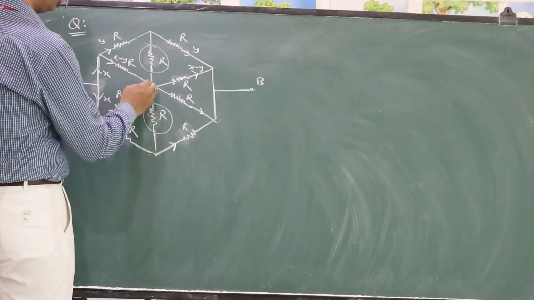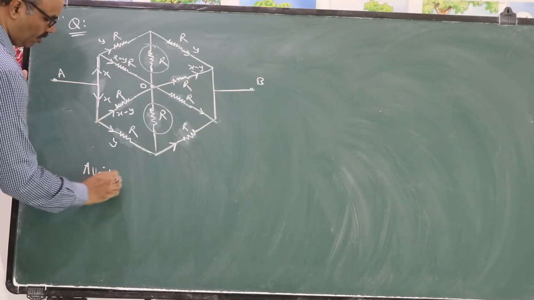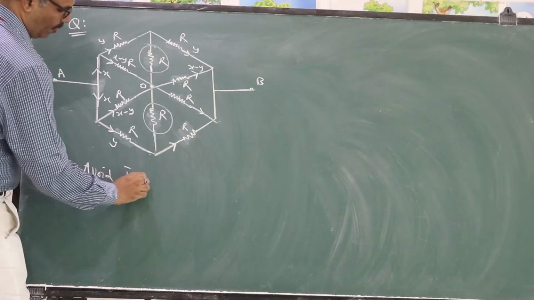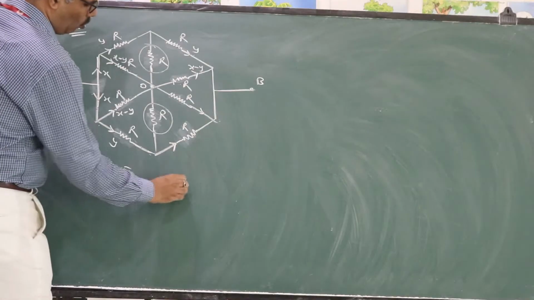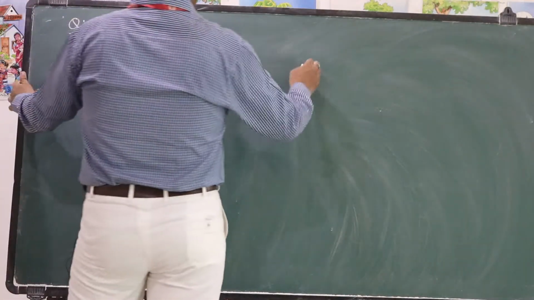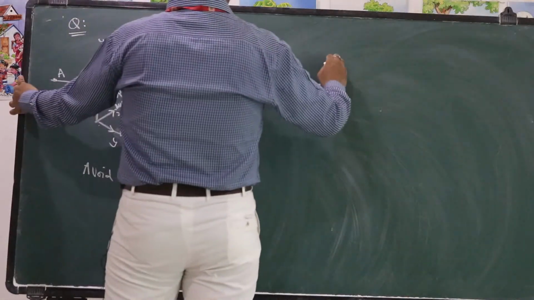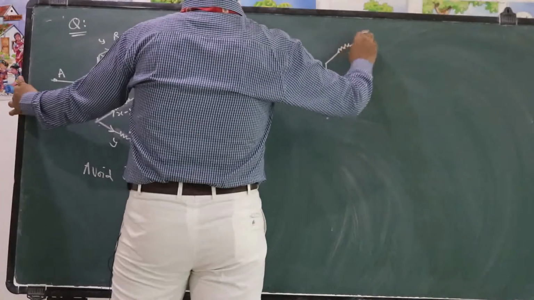So you can avoid this junction. Again, you can avoid junction O. Clearly, the circuit becomes like this. A is like this. So from A, you will have a set of 4 resistors.